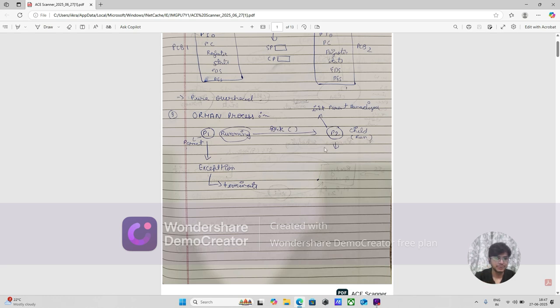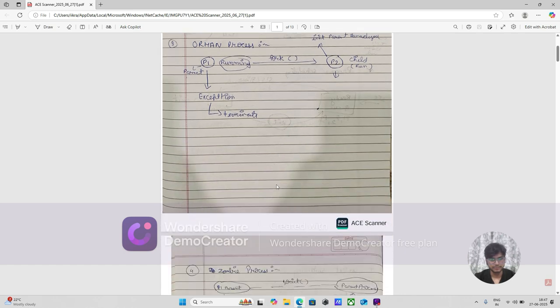This child P2 has no parent. In that case, the OS is smart. The OS will allot init to be the parent process of this child. So this is called an orphan process.